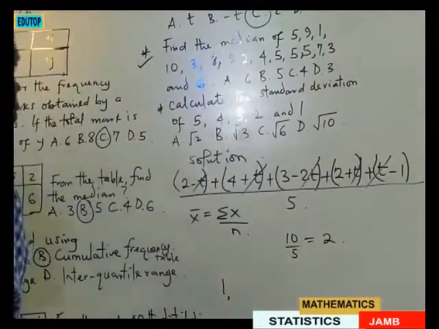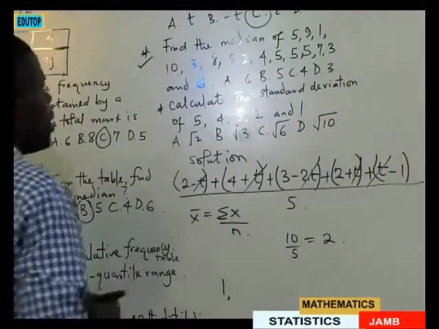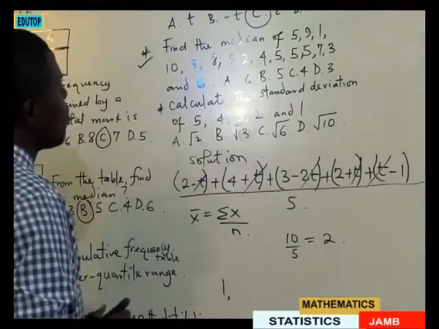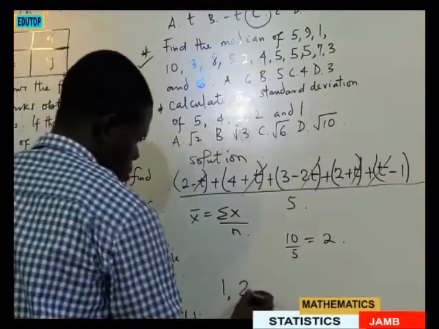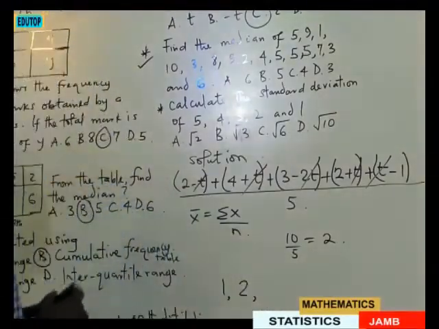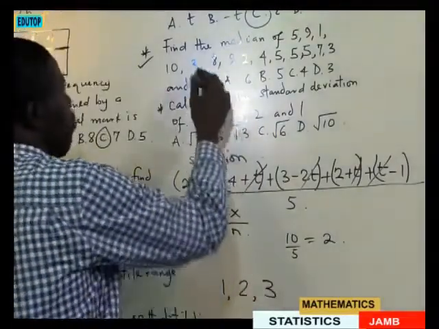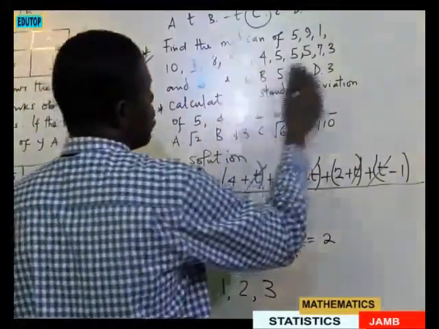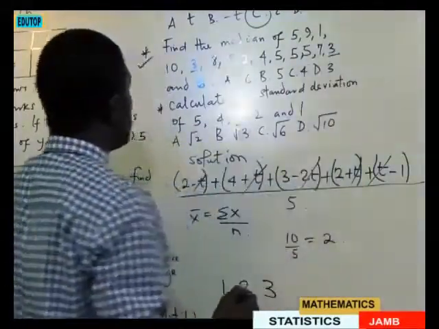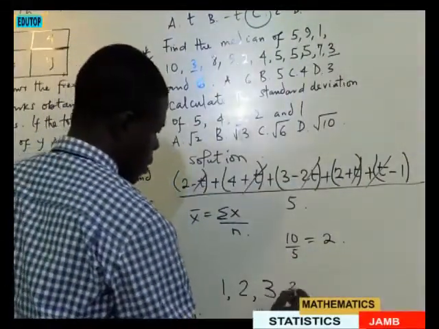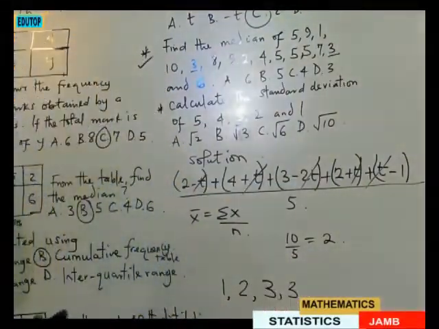We have 15 numbers. So 1 is the first one. Then 2. How many 2 do we have? We have just 2. Then 3. How many 3 do we have? 2. And let's move to 4.